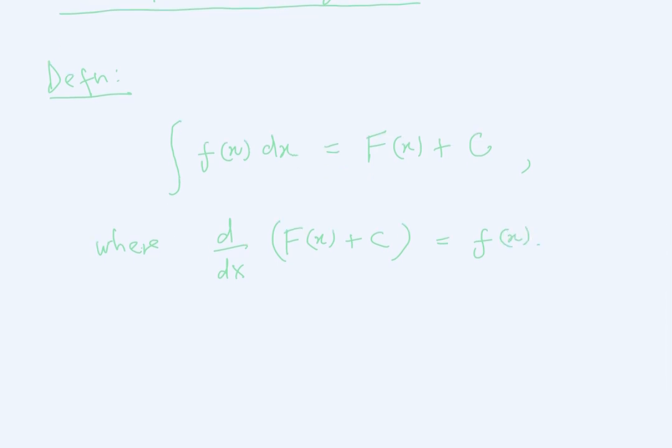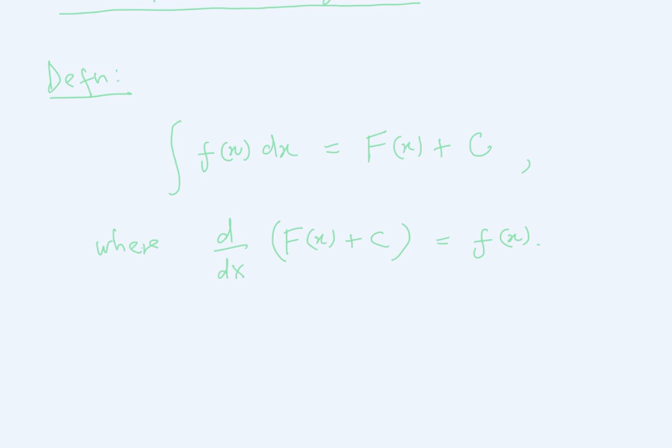So that's basically what an indefinite integral does. An indefinite integral gives you the antiderivative of the function that you're integrating. So the indefinite integral of f of x with respect to x is equal to big letter F of x plus c, where big letter F of x plus c is the antiderivative of small letter f of x.